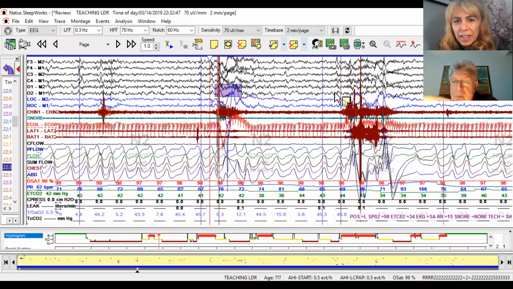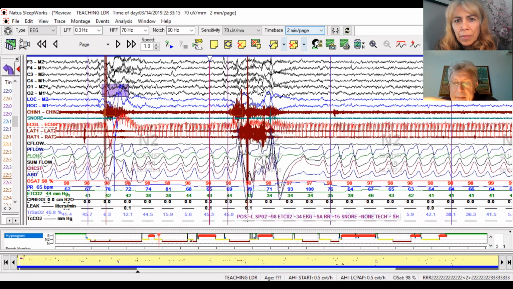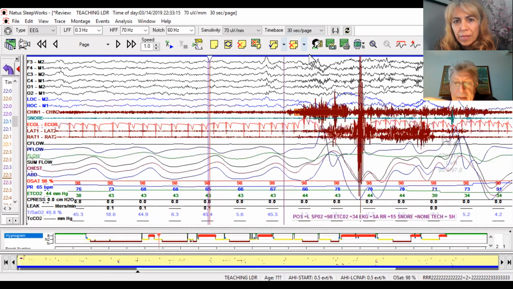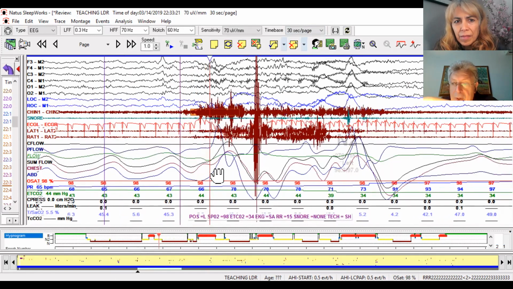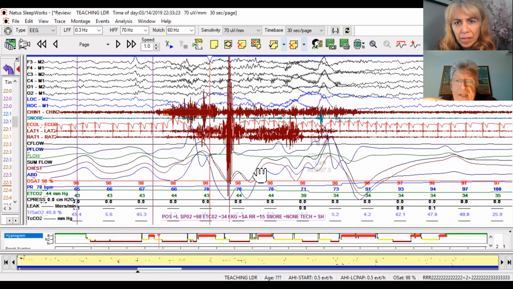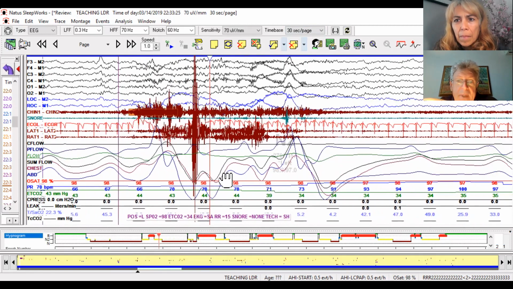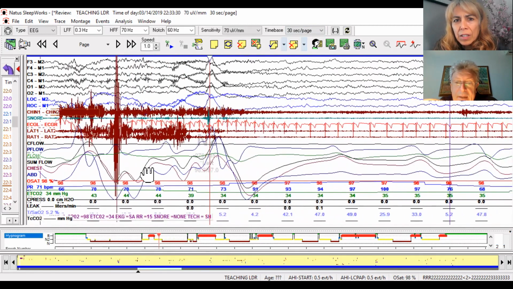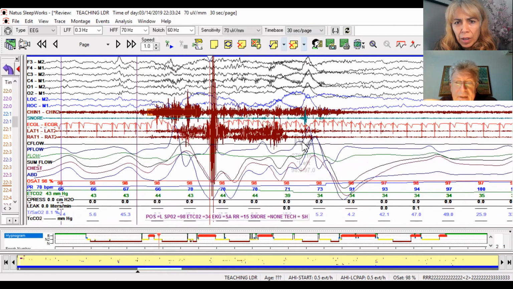And I think the next one is the same. Let's put this one in the middle. I would have not scored N2 this epoch, but N1, because there is a clear big arousal at the beginning of the epoch, and then there is no marker of N2 here.